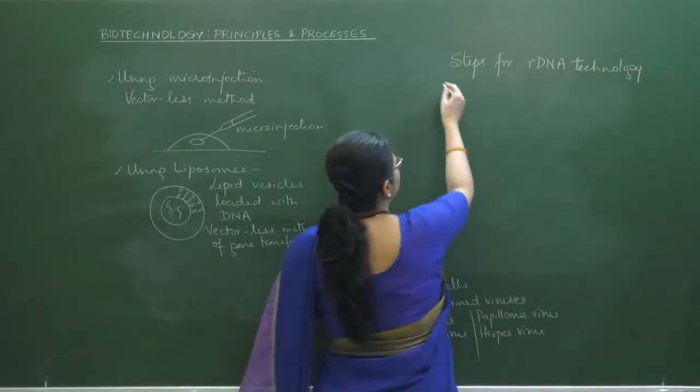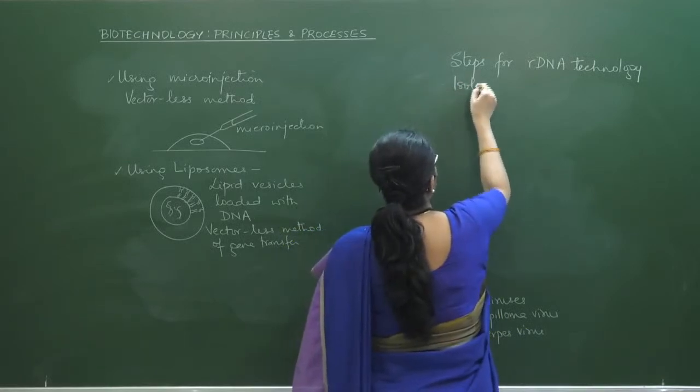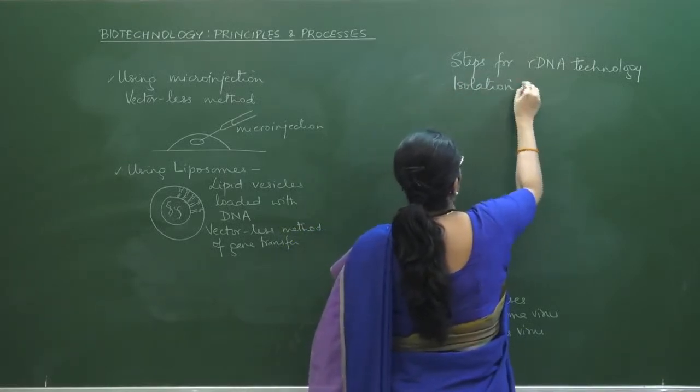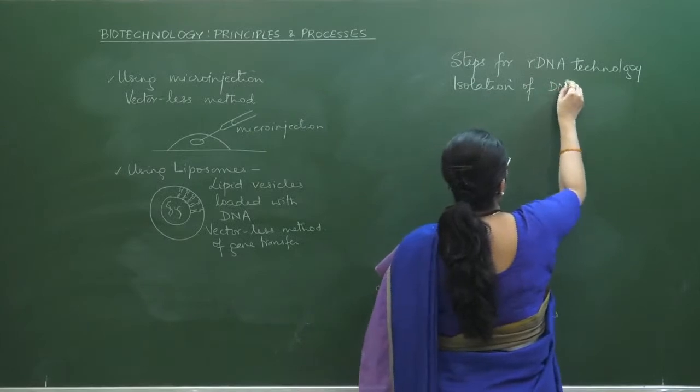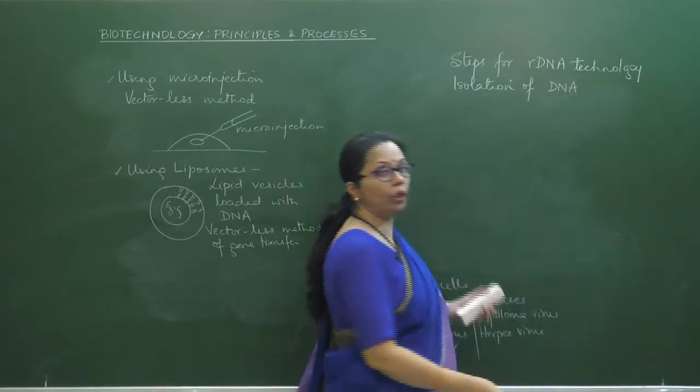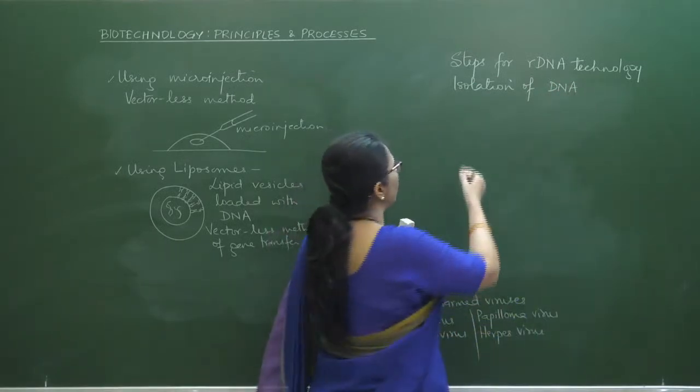So the first step is, of course, isolation of DNA. Now when we say DNA, this is whole DNA. We have to break open the cell, we'll come to that.